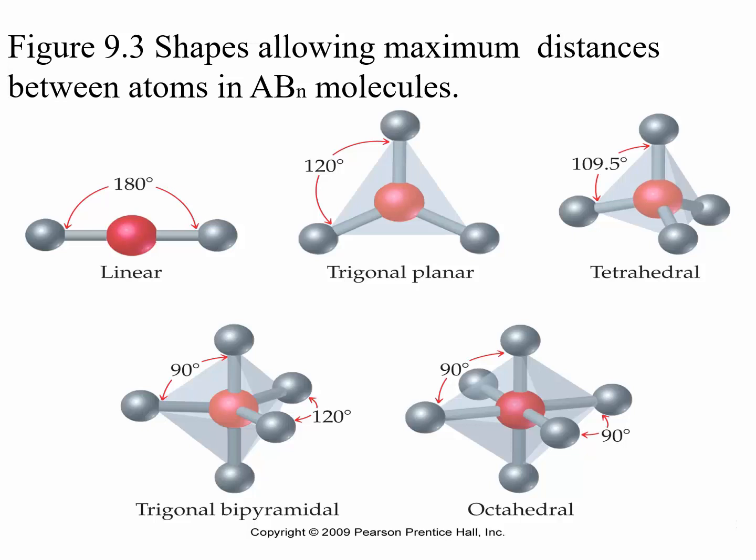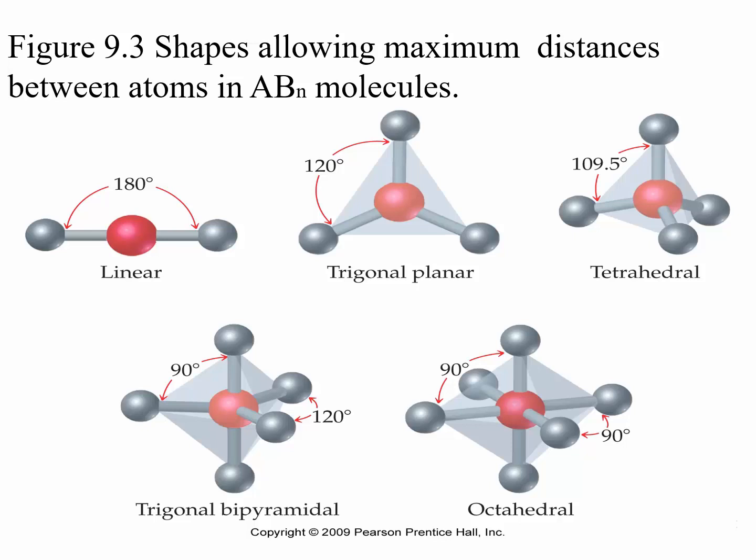Now, the trigonal bipyramid can be thought of as two face-to-face trigonal pyramids, whereas the octahedron is like two face-to-face square pyramids. Now, some molecules have shapes other than those shown in this figure, but we can usually derive the shape of those molecules from Figure 9.3.